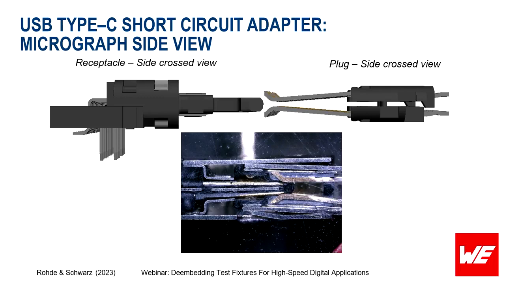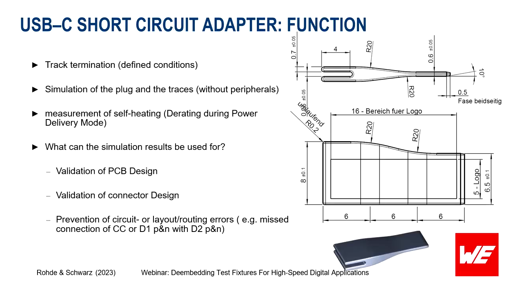There's also on the receptacle housing a small spring clamp which ensures that the right forces are between the contacts of the shortcut circuit device on the plug and the receptacle. On this slide, you see what is the main function and why we would like to offer to you a shortcut circuit device. It's better to have a track termination.